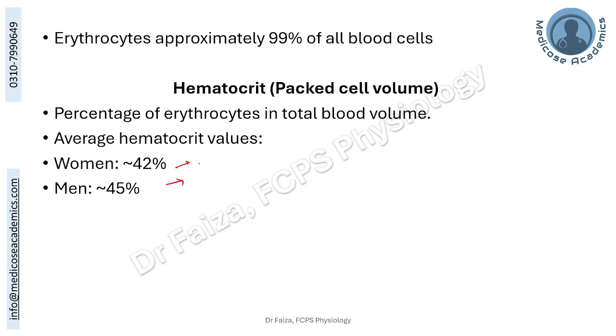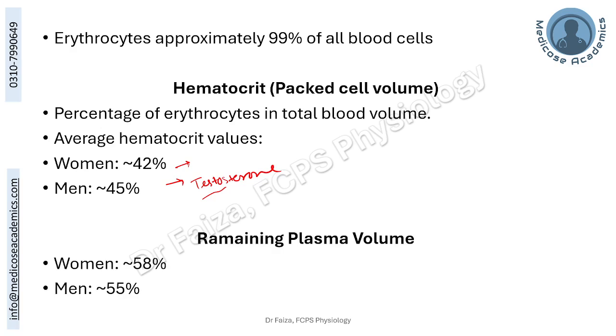For example, females undergo menstrual loss of blood and RBCs, whereas men don't, and men have anabolic hormones like testosterone that females don't have, which have a positive erythropoietic effect. And there are, of course, other reasons as well. The remaining plasma volume is, of course, a little bit different among females and males again.